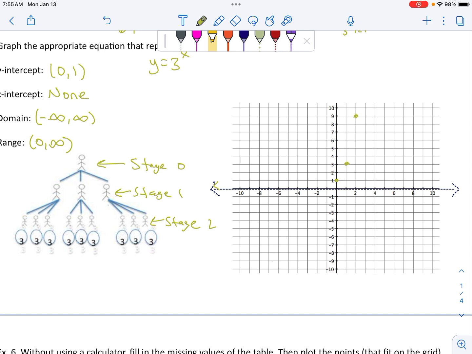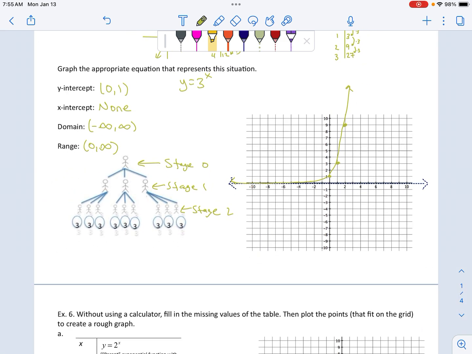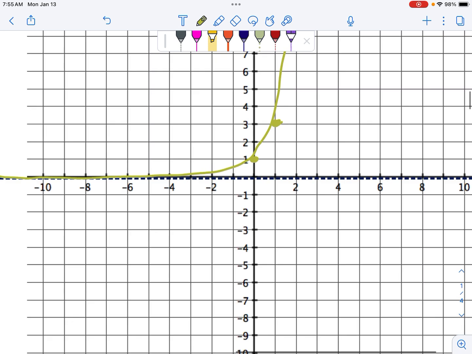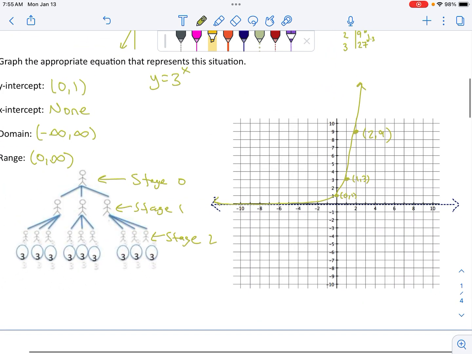It's my bad. There we go. So it should pass through 0, 1, 1, 3, and 2, 9. I was going to say, it seemed like too steep of a graph, so that's my apologies. I don't know why I graphed 1, 9. It should be 1, 3, and 2, 9.